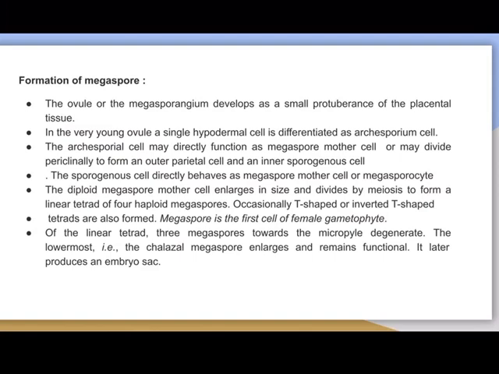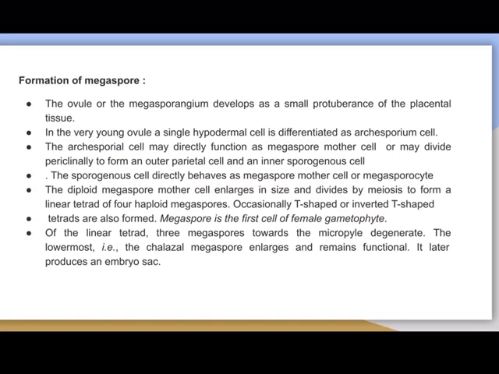The tetrad may also be formed linear. The megaspore is the first cell of the female gametophyte of the linear tetrad. Of the three megaspores, those towards the micropylar end get degenerated and only one remains.